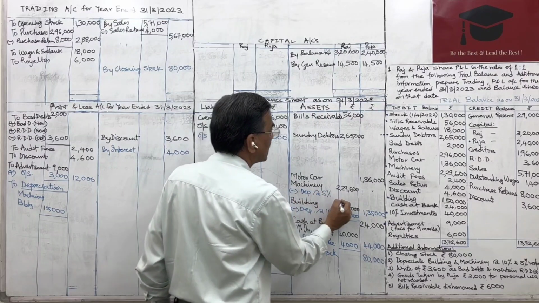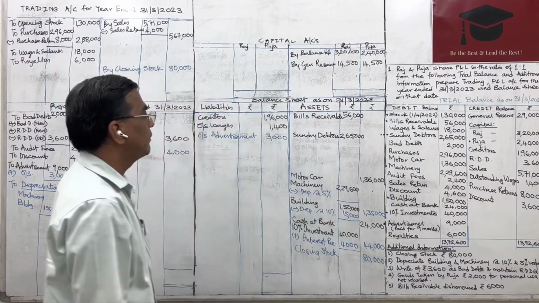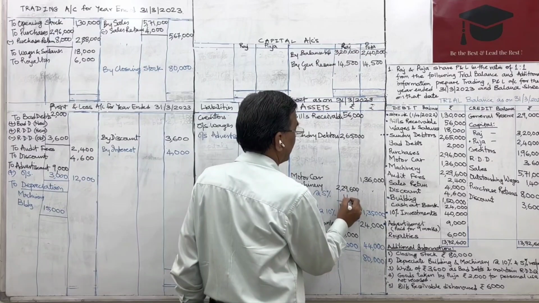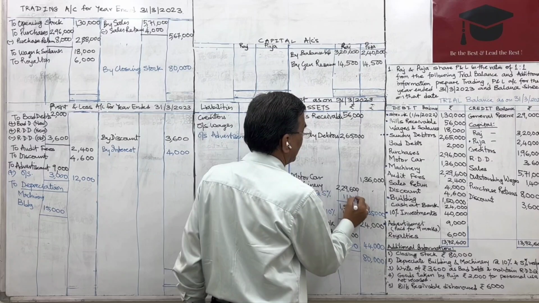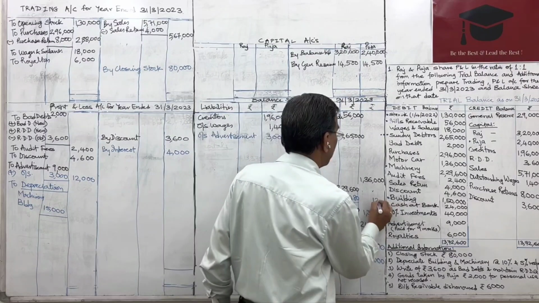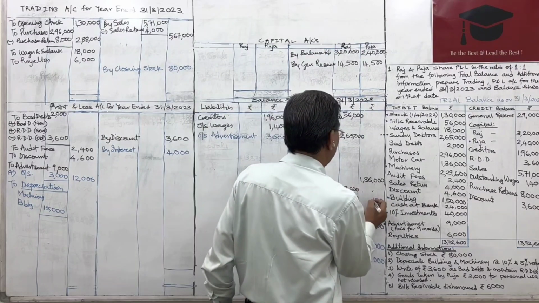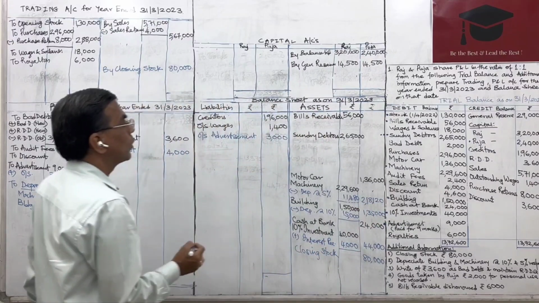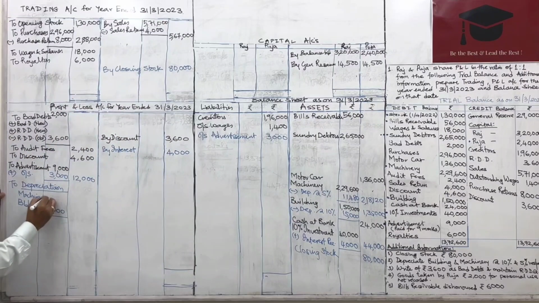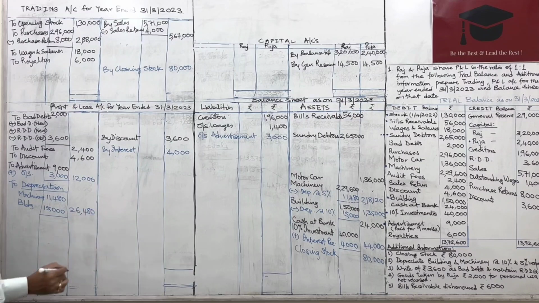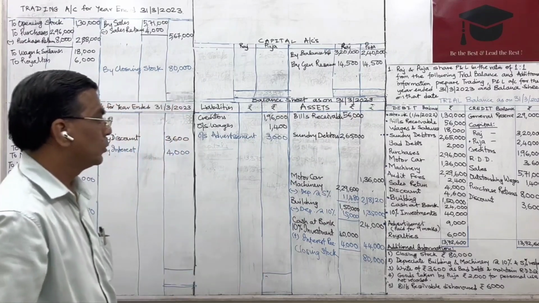This is at 5%, so that will make it 11,480. Remove the difference to the outer column, 2,18,120. Second effect, 11,480 here in the profit and loss debit. Sum it up, the depreciation 26,480.